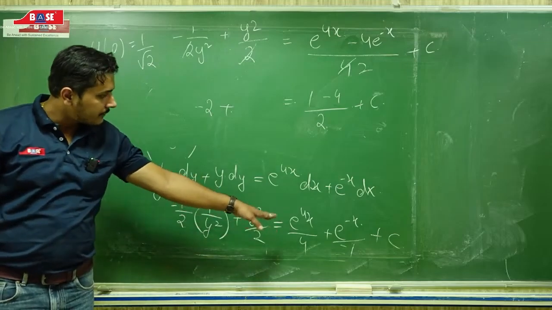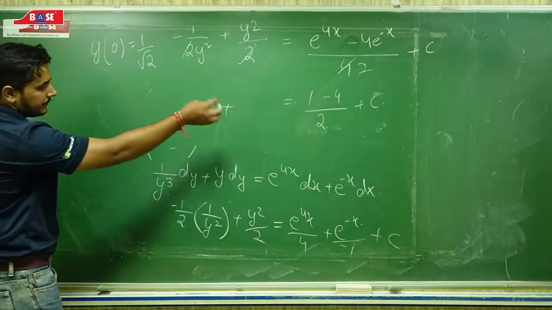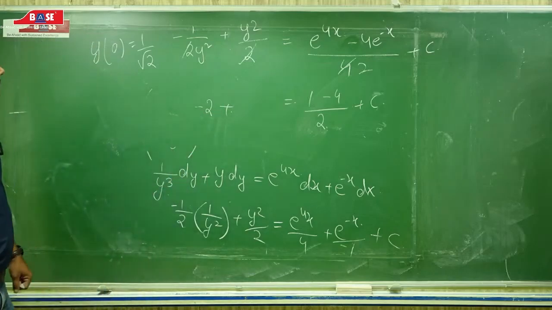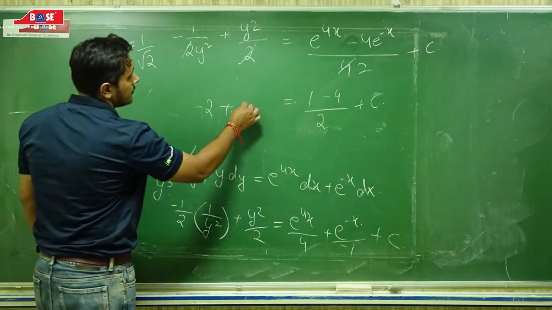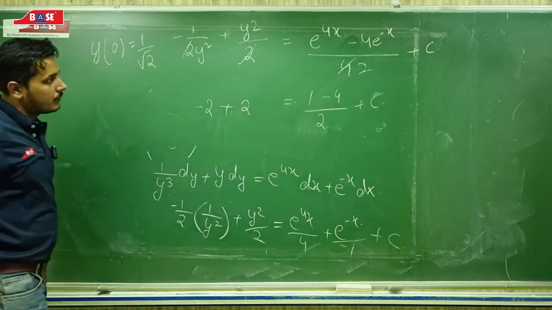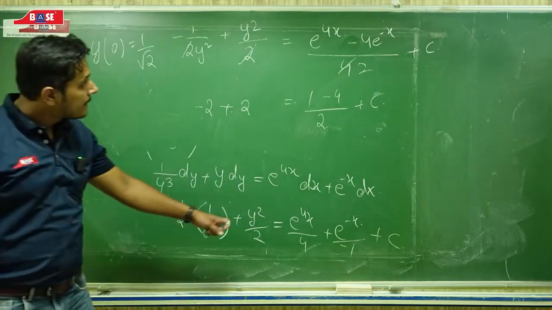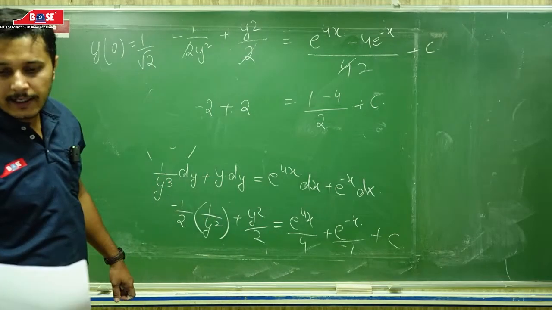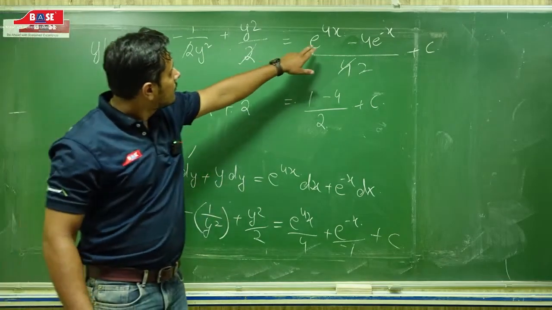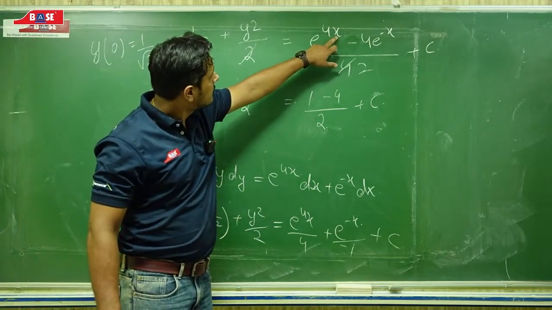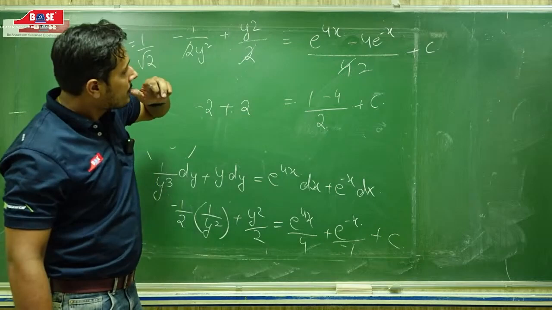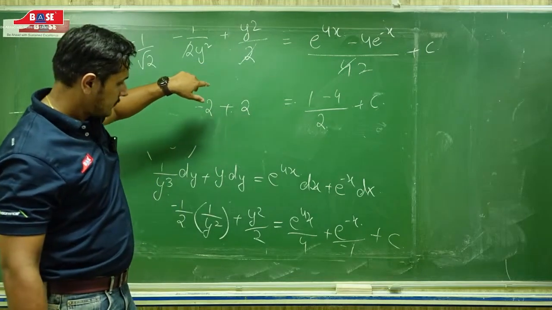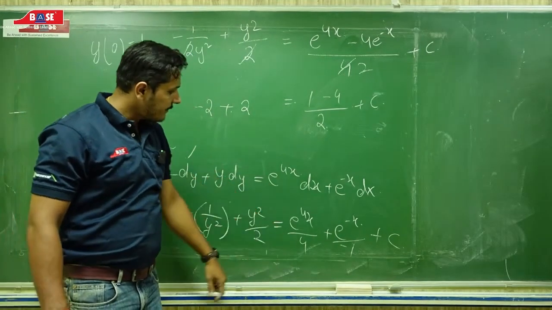e power 4x by 4, correct. So minus, plus 2, e power 4x. y of 0 is given, e of 0 is 1, if I have taken 2 common, divided, yeah, everything is correct.